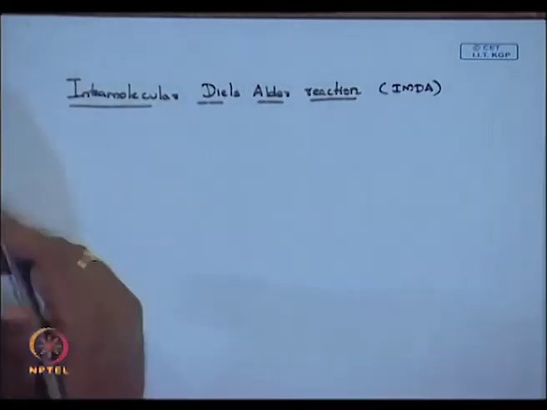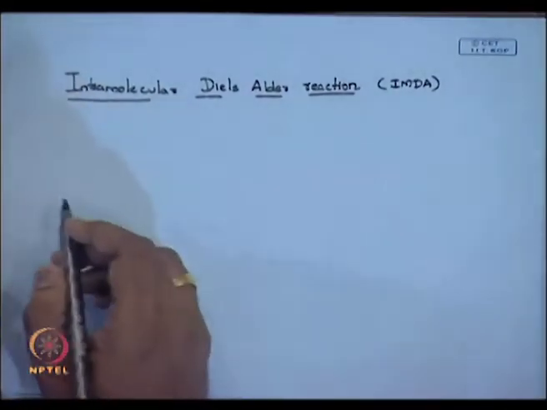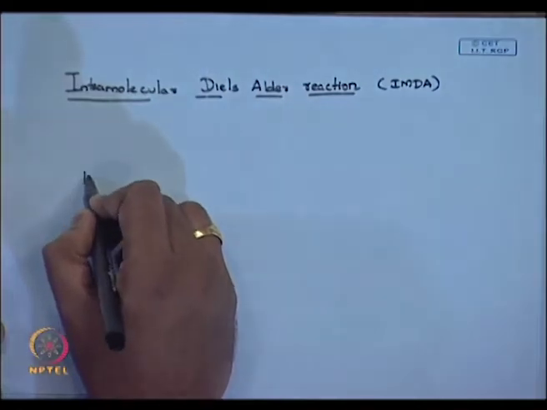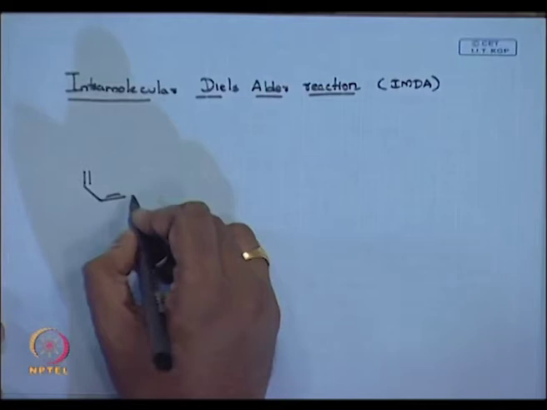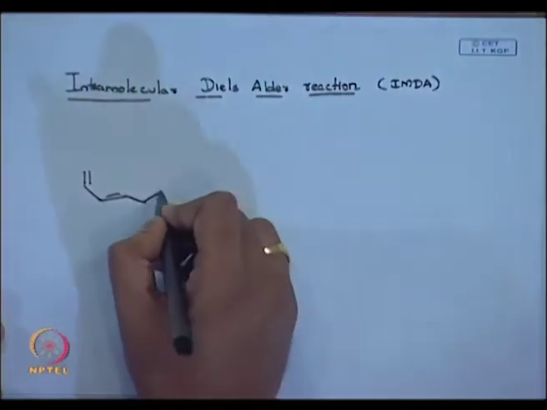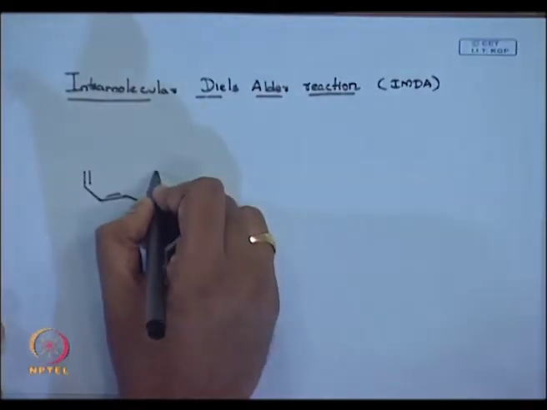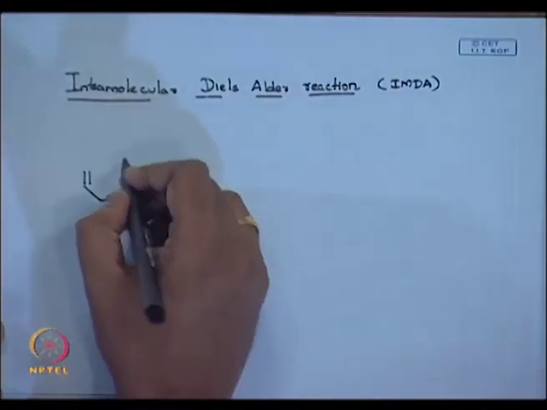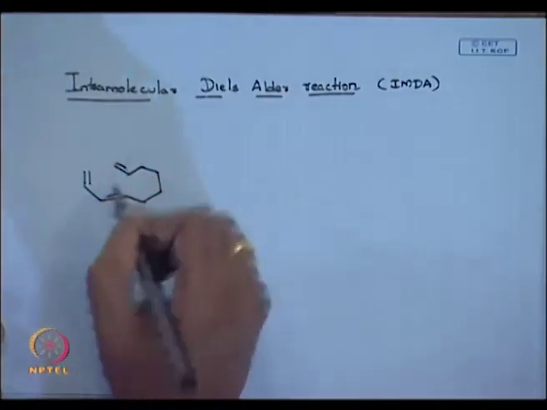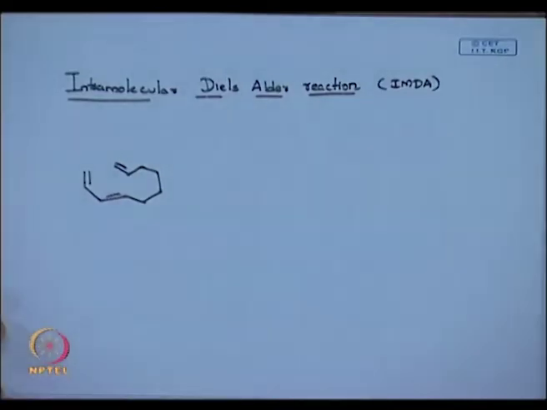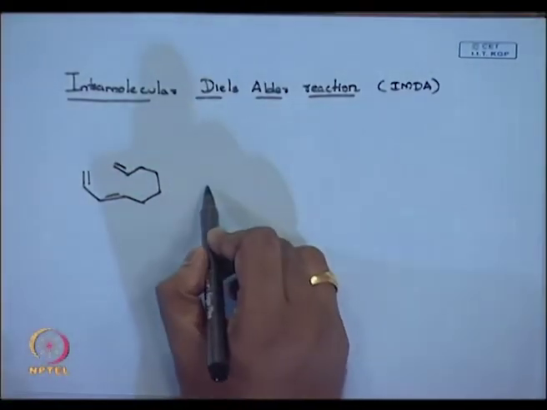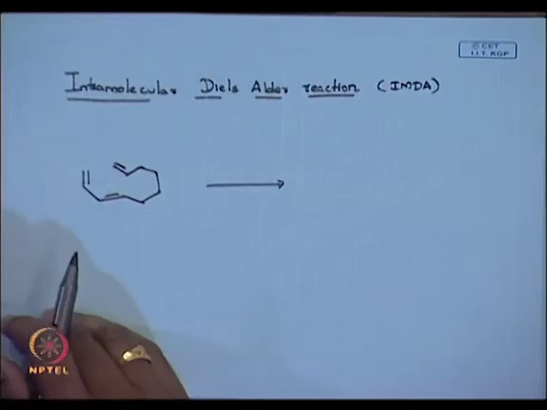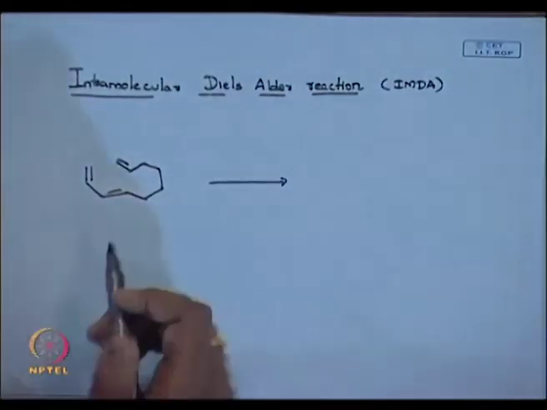For example, we will take the simplest substrate and try to understand it in detail. First we will see what happens here, and do not worry about the stereochemistry right now, first we will see how the reaction goes.